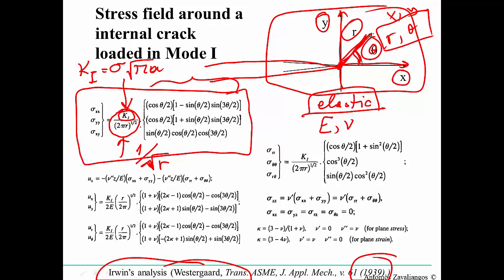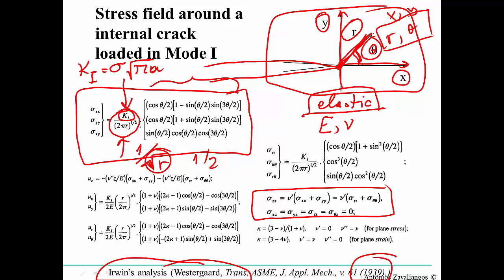And in fact, the exponent of r, which is here 1/2, is the degree of intensity, if you wish, of the singularity. Okay, there are other expressions here with respect to displacements, and also there are values here for the through thickness stress, but I don't think we need to discuss it at this point.